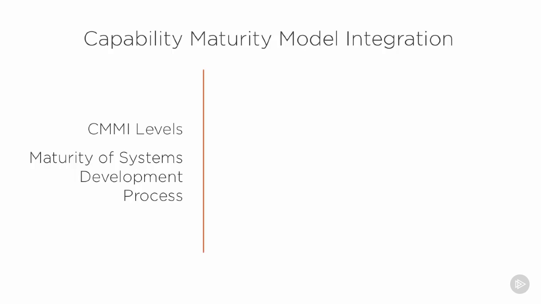One of the ways this can be measured is through a capability maturity model, and the capability maturity model integration is especially suited for this. It will measure the maturity of our systems development processes.